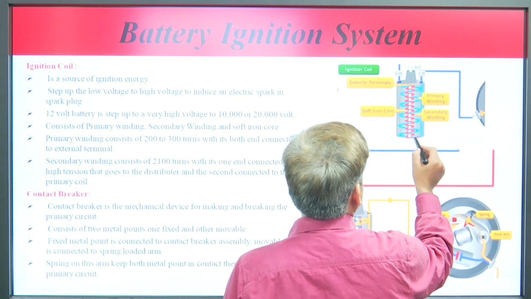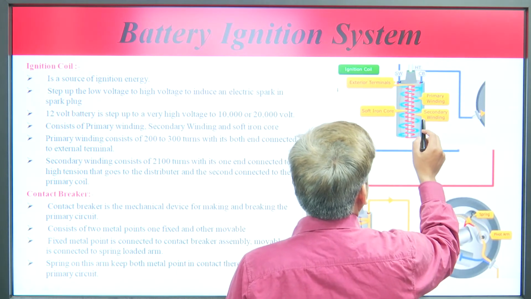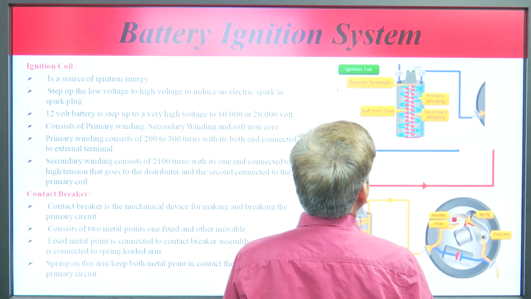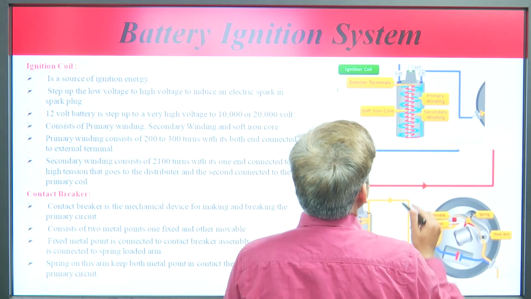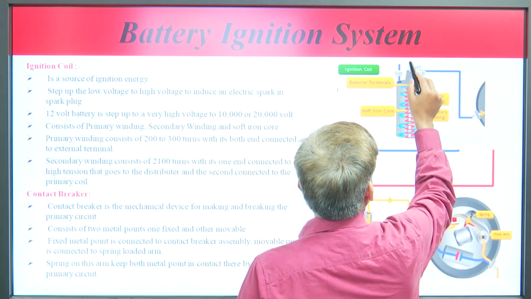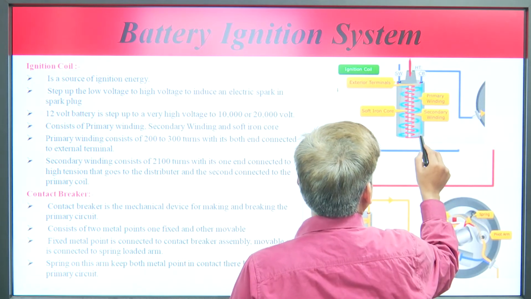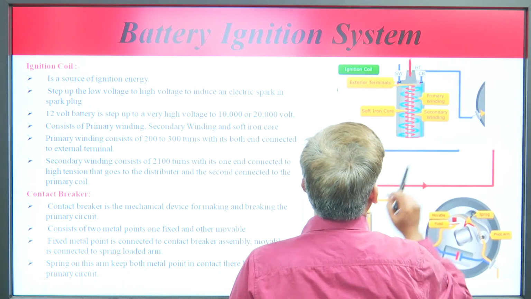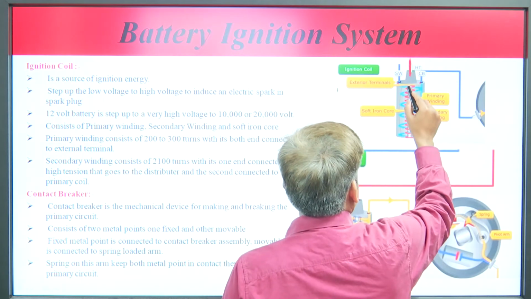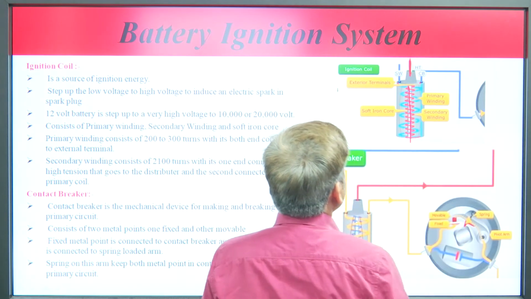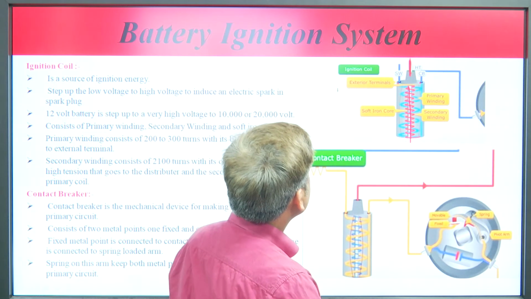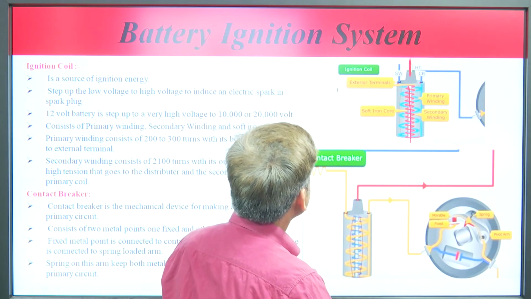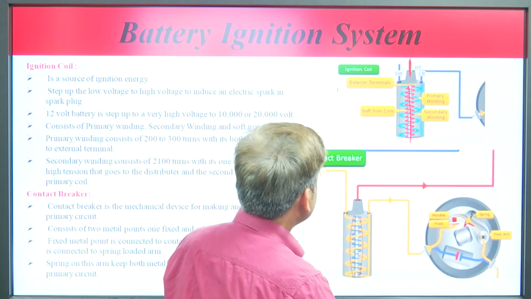The secondary winding has two points, one at the high tension line and another one here in the ignition coil. Here a soft iron core is provided for magnetic purpose. So, this is the ignition coil.